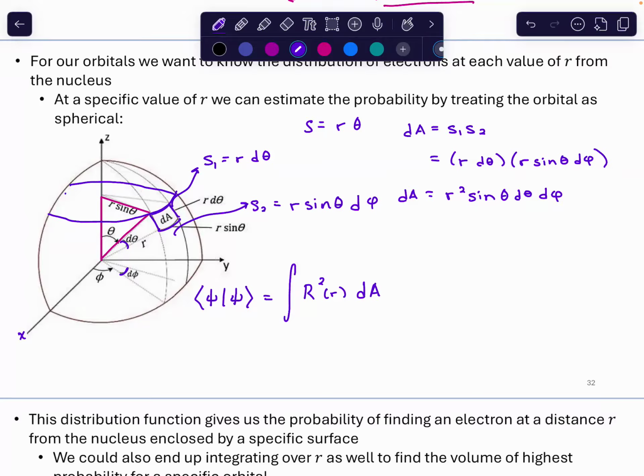So when you integrate over all those dAs, since we're staying at a specific radius, the r squared value becomes a constant. We're not integrating over r, at least over this portion of the wave function.